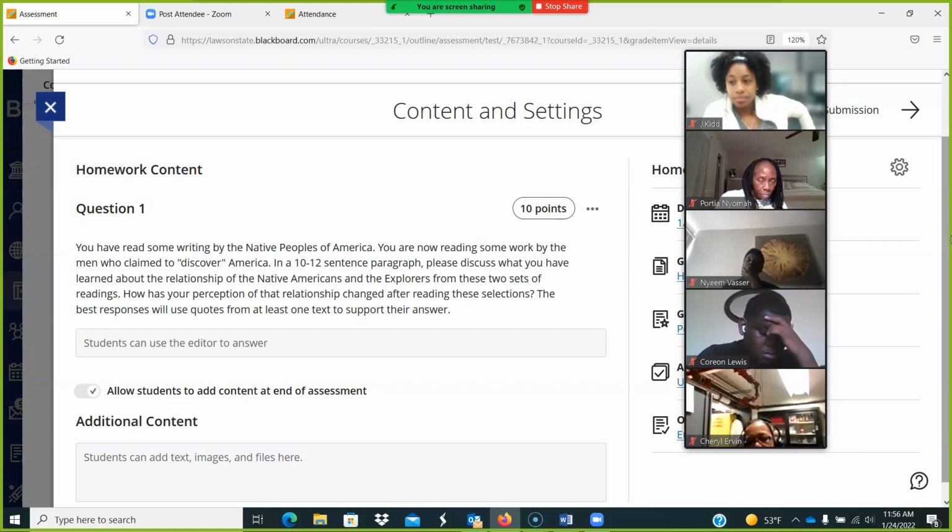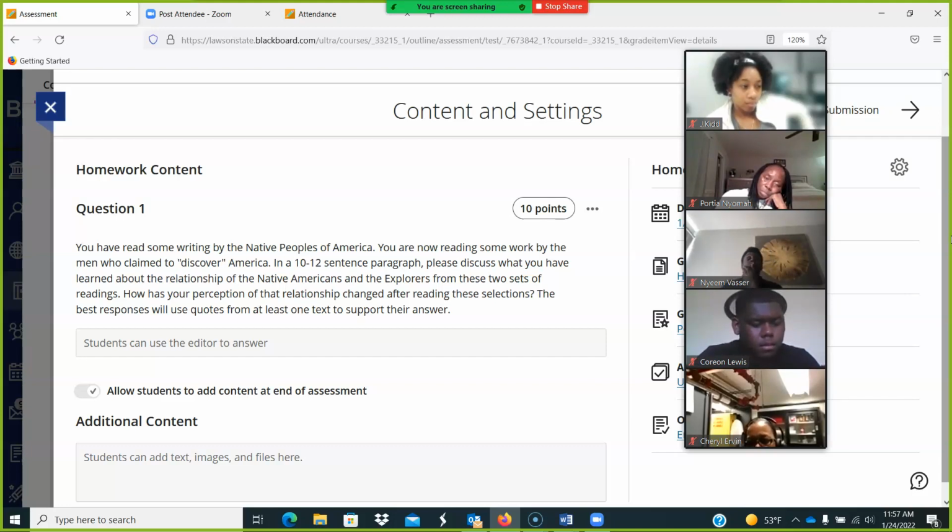And one of the things that we'll notice as we read these explorers is that they all talk about interactions with the native people, right? But they're talking about it from a European's point of view, which is very different from a native person's point of view, right? And I'm asking you to think critically here about what that relationship was like between the European explorers and the native people who were already here.